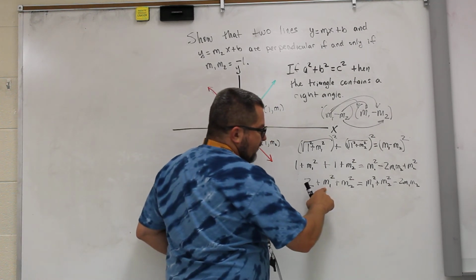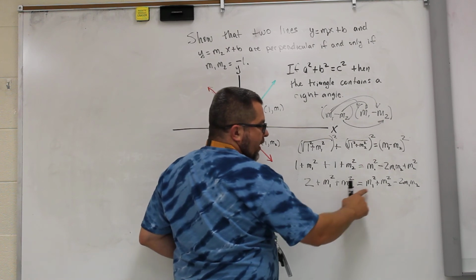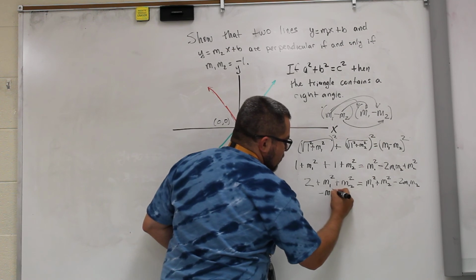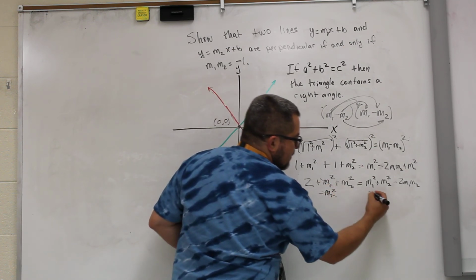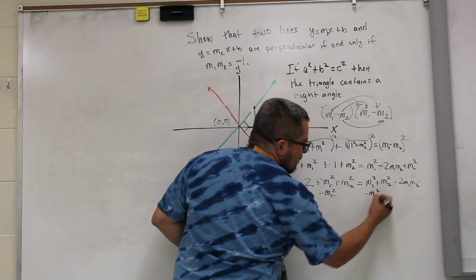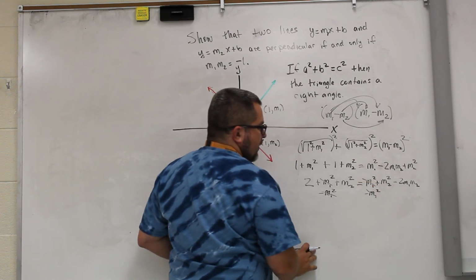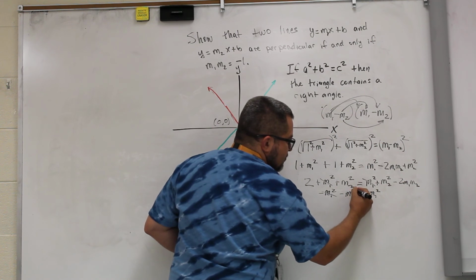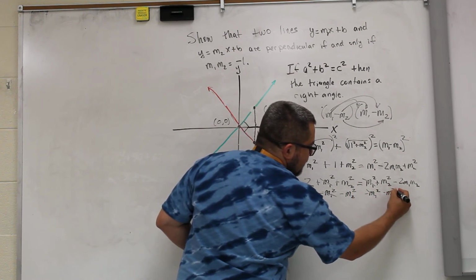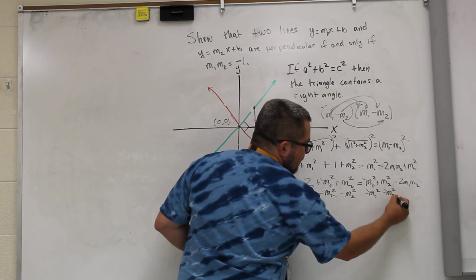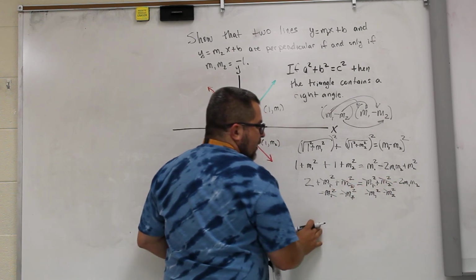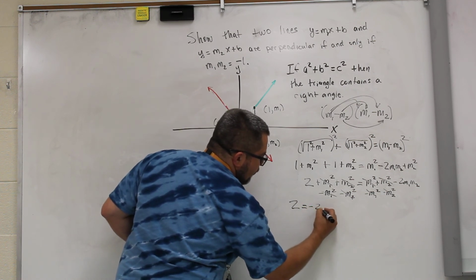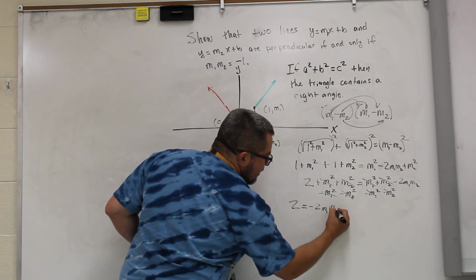Well, on the left side I've got m1 squared, and on the right side I've got m1 squared. So I can subtract m1 squared from both sides. I can do the same thing with m2 squared. So subtract m2 squared, and I'm left with 2 is equal to negative 2 m1 times m2.